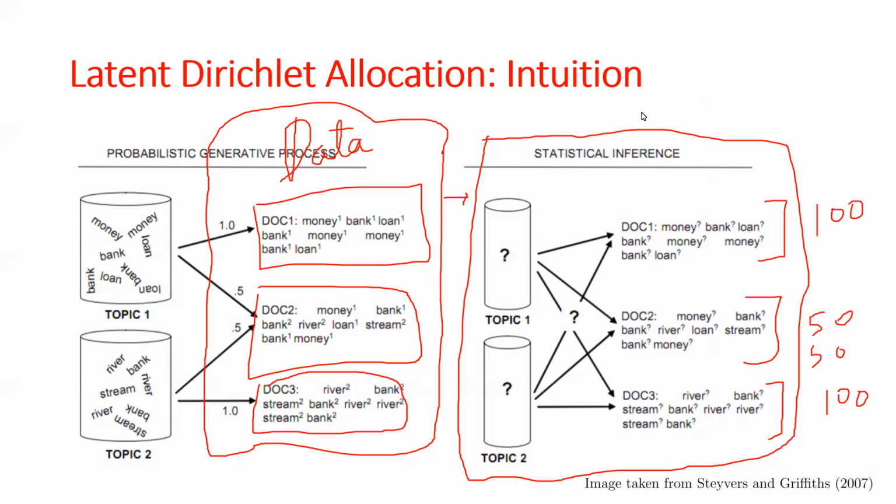For example, in document 1, you want to find whether this bank comes from topic 1 or topic 2, meaning finance or nature. The rest of the words have already taken their topics. Because most of the words have taken the finance topic, this bank will also come from finance. It is a probabilistic model, as I said. So it sees the neighborhood labels and finds the probability of aligning that particular word to a topic. You got my point?